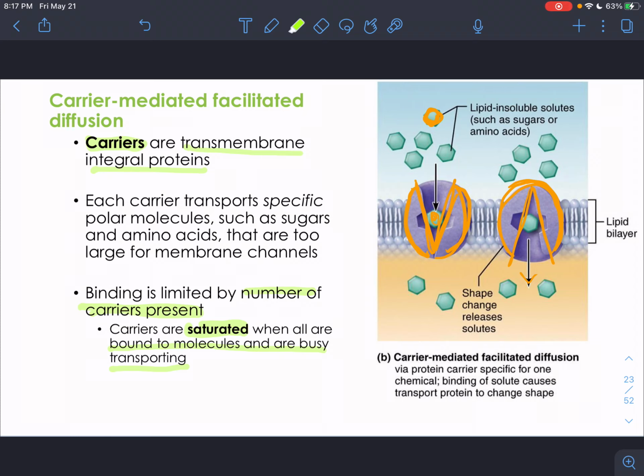And remember, we're still talking about diffusion here. The movement of these sugars is based on their concentration gradient. You see there are 5 sugars outside and only 2 inside, on that side at least. So the sugars are going to move down their concentration gradient, from an area of high concentration to an area of low concentration. So no energy is required.